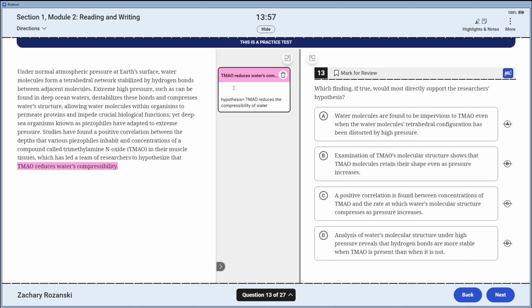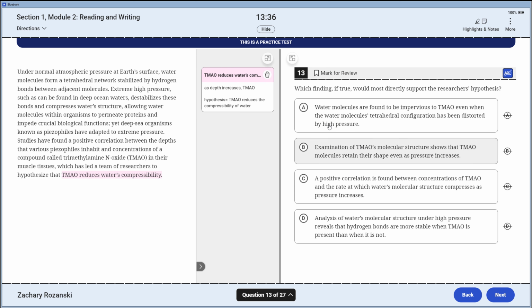So as depth increases, TMAO increases. I would expect more TMAO in the deeper waters, I think, is what I would anticipate as I go looking.